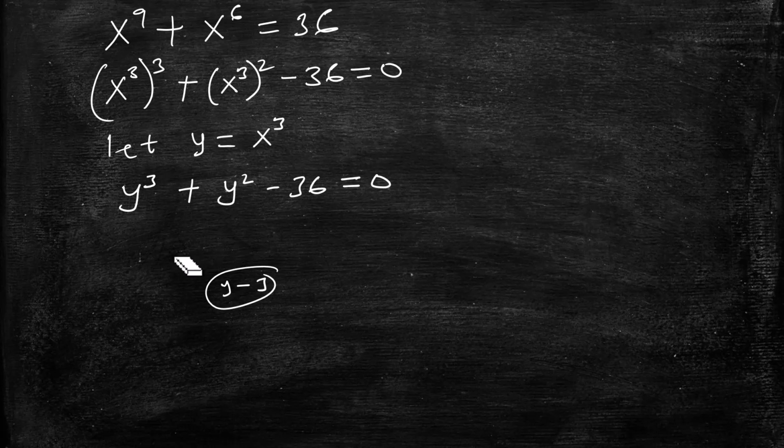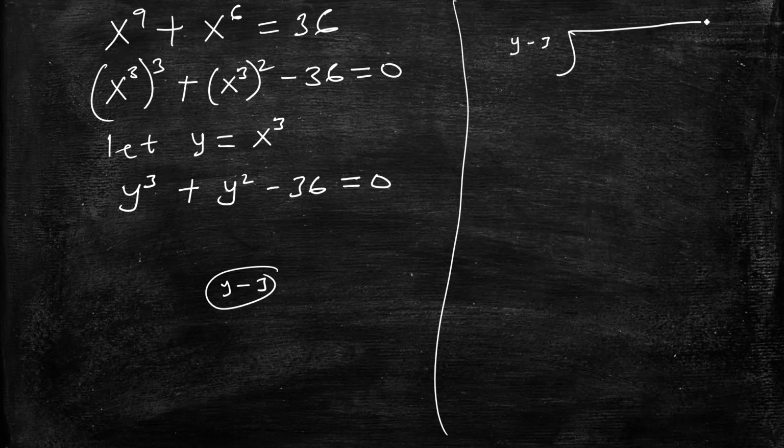So we have y minus 3 into y cubed plus y squared. There is no y term, so let's introduce 0y, minus 36.